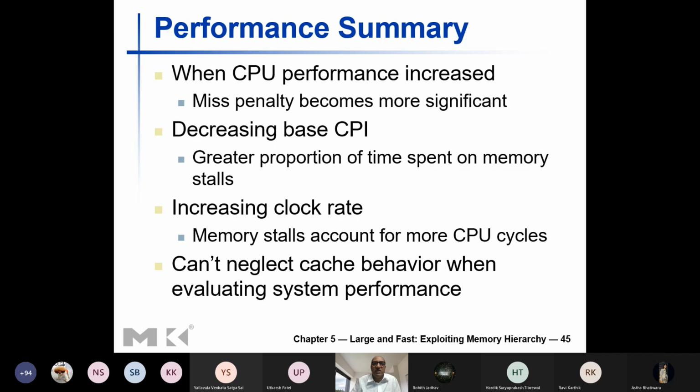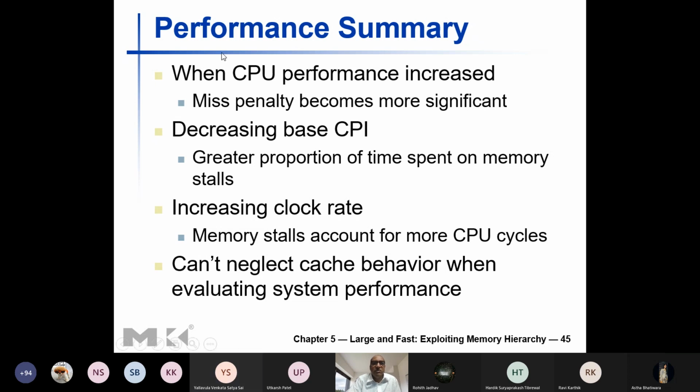So it's not just about optimizing the CPU for arithmetic or logical operations. That will definitely improve things, but at the same time, because the CPU highly depends on memory access, we have to see that the memory access time also has to be optimized.